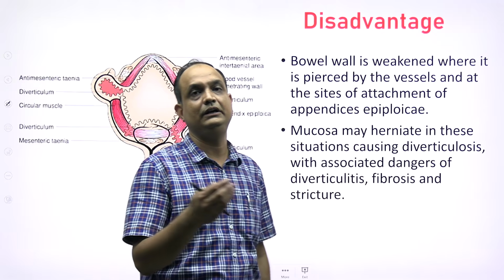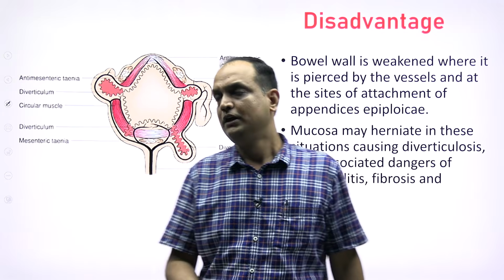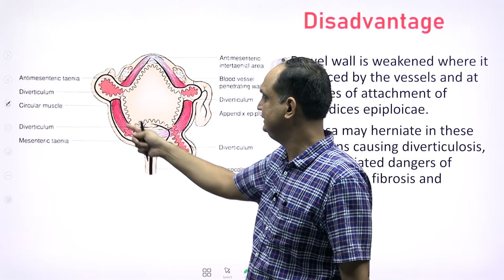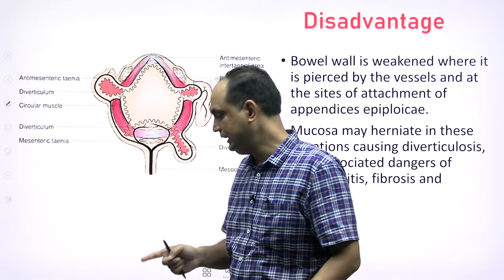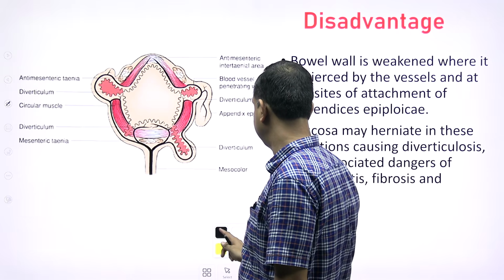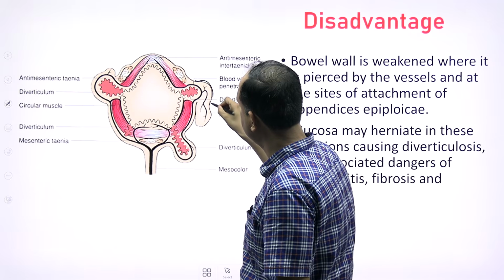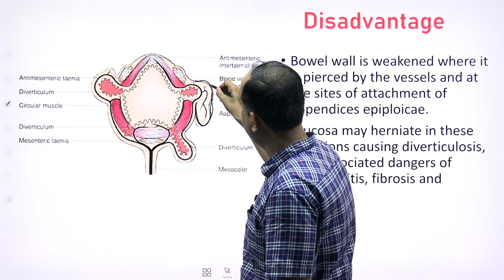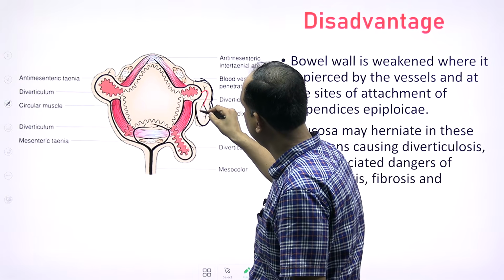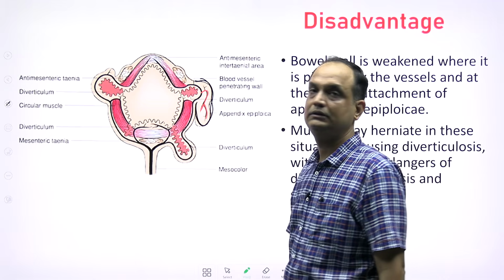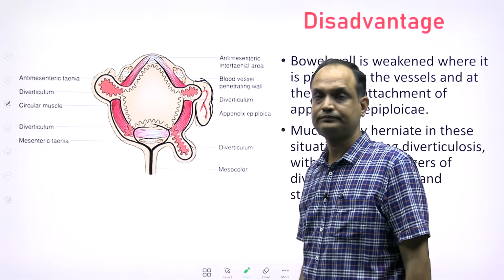Now, what is the disadvantage of this pattern of blood supply? Suppose this is the circumference of your colon. Here you can see one important part, this is your appendices epiploicae. In this appendix epiploica, you are able to appreciate that this is the blood vessel or the vascular stalk.